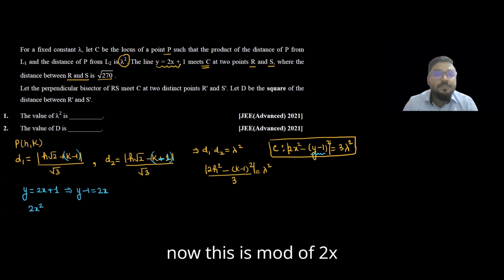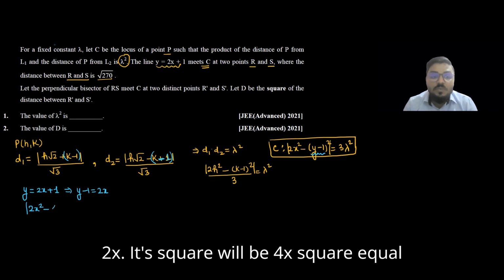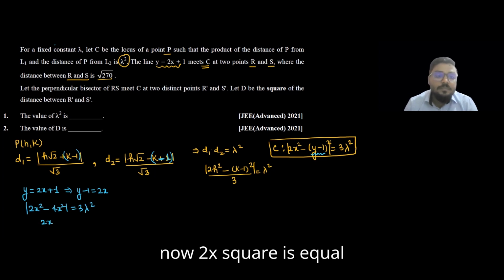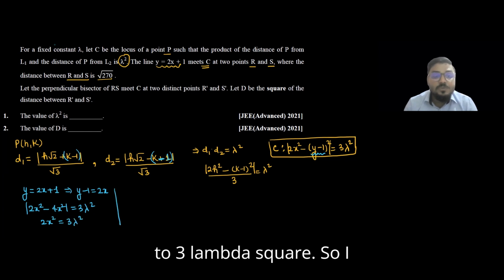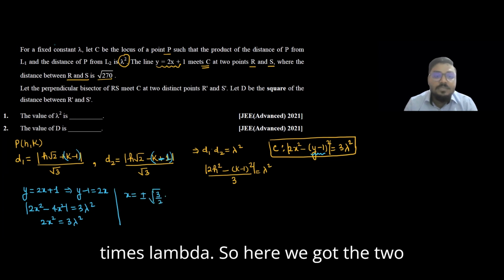So now this is mod of 2x square minus (y minus 1) square, where the value of y minus 1 is 2x. Its square will be 4x square, so 2x square is equal to 3 lambda square. So I got x value as plus minus root over 3 by 2 times lambda. So here we got the two values of x.